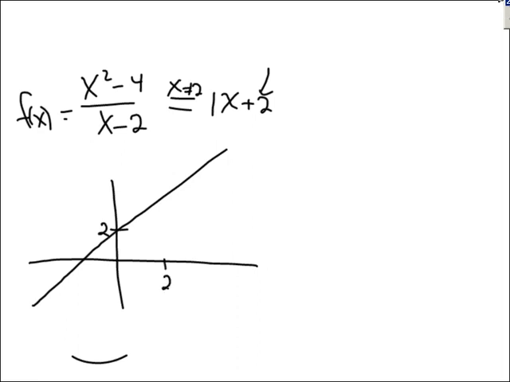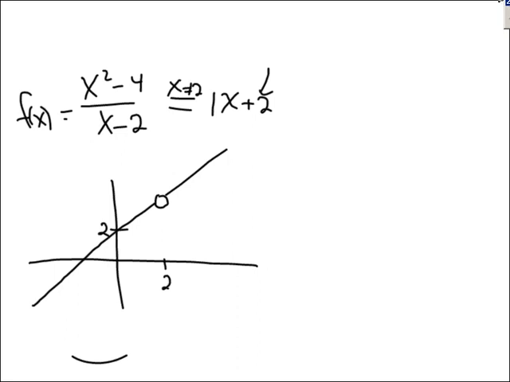To draw f of x equals x squared minus 4 over x minus 2, we have to remove the point at 2. We put an open circle to say it's not defined. And then you look.